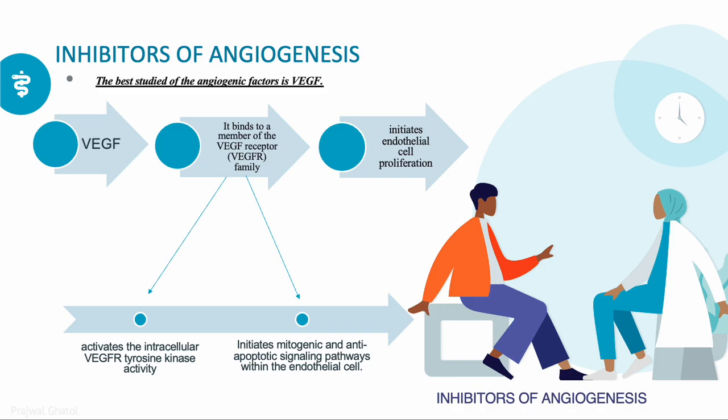VEGF binds to the VEGF receptor family, which includes VEGFR1, VEGFR2, and VEGFR3. After binding to the receptor family, it initiates endothelial cell proliferation, which leads to the activation of intracellular VEGFR tyrosine kinase activity, and initiates mitogenic and anti-apoptotic signaling pathways within the endothelial cell.